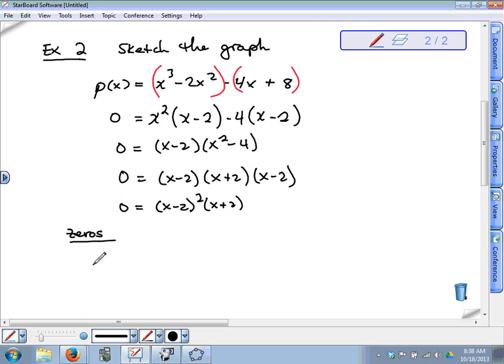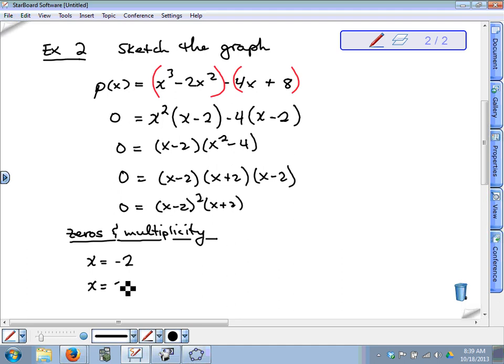Let's state the zeros and the multiplicity. Zeros and their multiplicity. What are the zeros or the x-intercepts? X equals negative 2. This one doesn't have multiplicity, so I'm not going to state anything there.